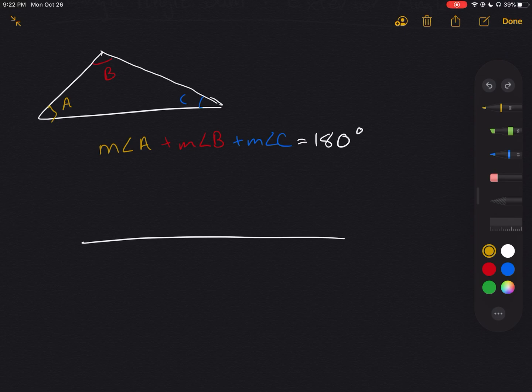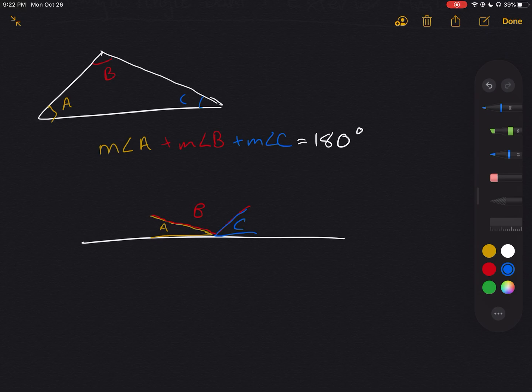But you have to imagine with me that I did this properly. Angle A, and angle B is a bit bigger, so we'll go with angle B, and angle C. If I were to stick them all together, then those angles should make up a straight line, right? Visually, that's what's happening.